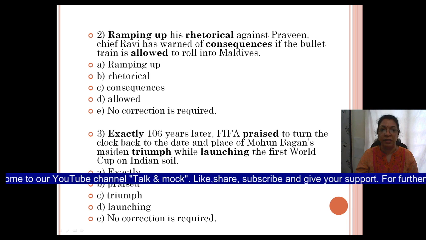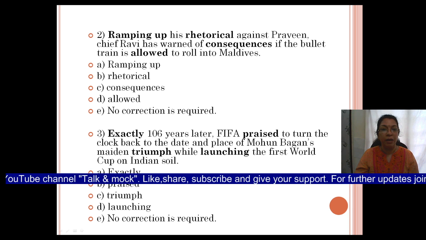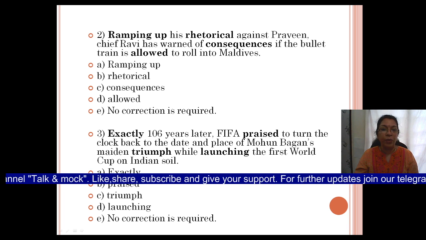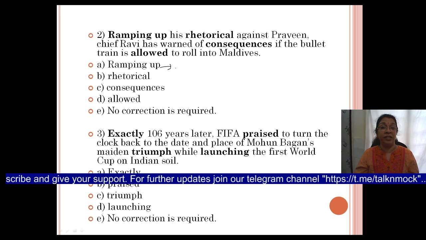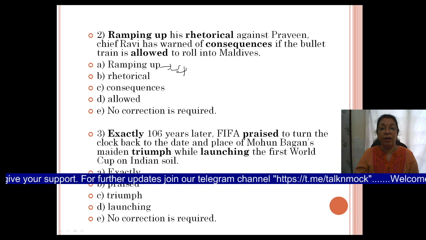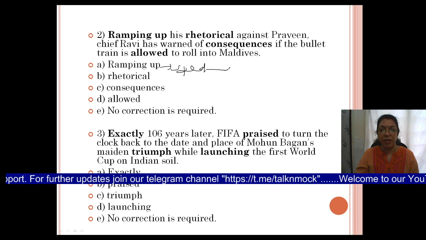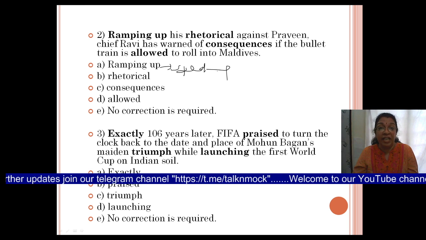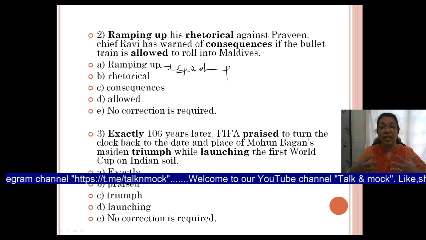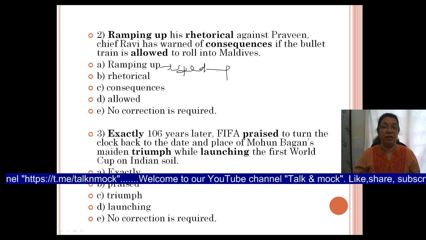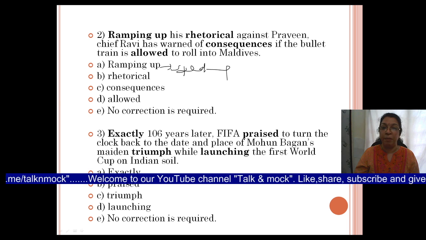These are the 4 options, the boldened words: ramping up, rhetorical, consequences, allowed. Ramping up means hastening, speaking very boldly, speaking in an election. Speaking in a very fast way is called ramping up.